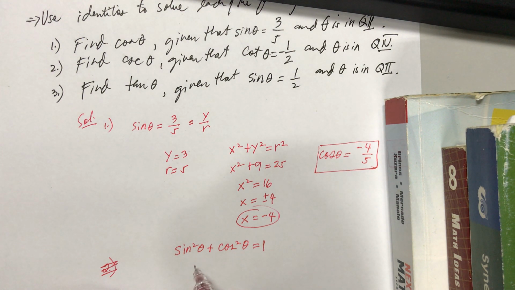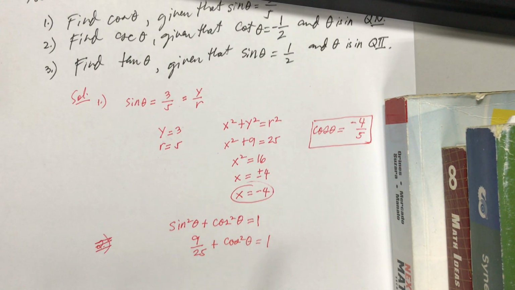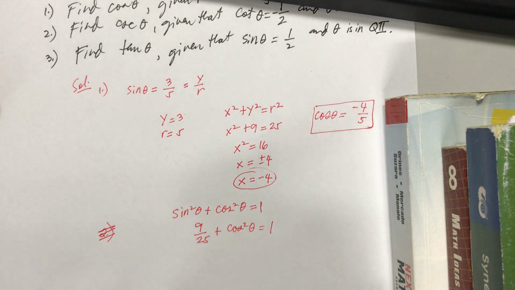since sine theta is 3 over 5, the square of sine theta would be 9 over 25. Cosine squared theta will just be copied, is equal to 1. Subtract 9 over 25 to both sides of the equation.